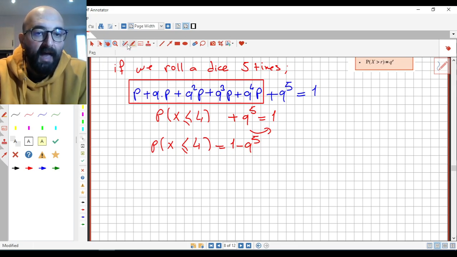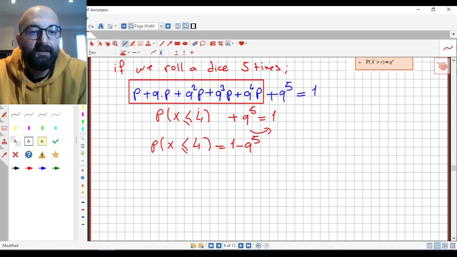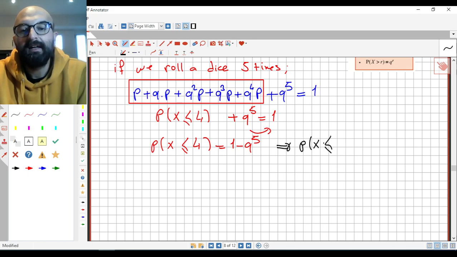Okay, and we can access the result. For example, in the geometric distribution, if you are looking for the probability of x less or equals than r, you can get this probability as 1 minus q to the power of r.